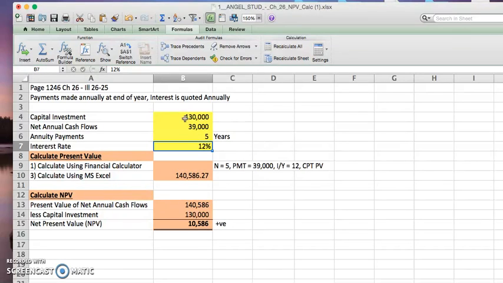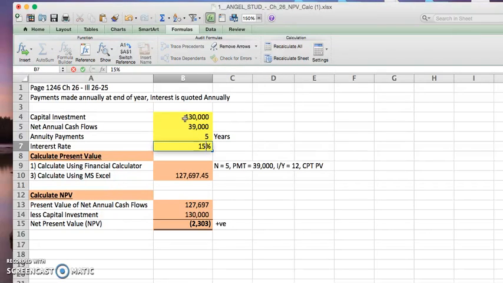If I go in here and say, well, I've made 10,586 above the 12%, as an analyst, I want to know what was the rate of return or the interest rate that would make it break even. So I'm going to put in maybe 16% here and get down to 2,300, maybe 16.5. So now I'm getting a negative number, which I wasn't before.